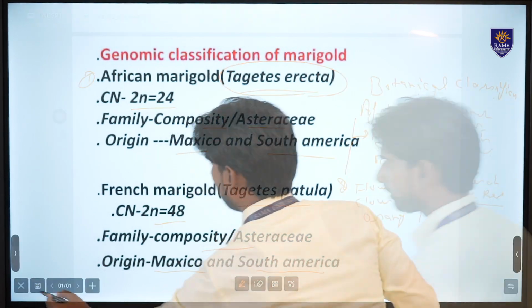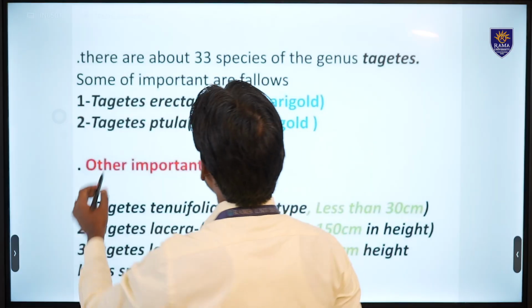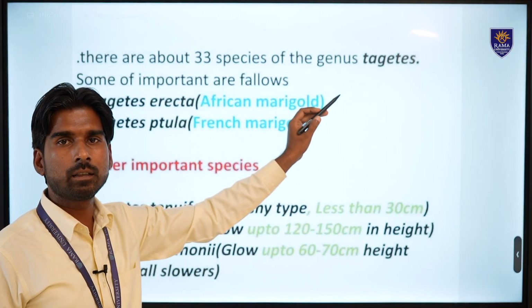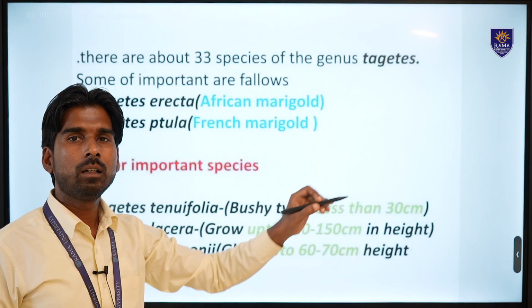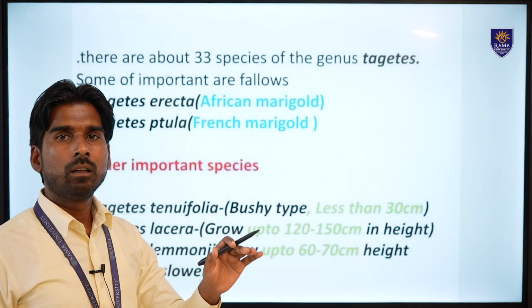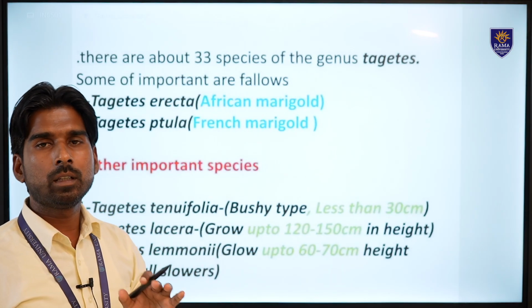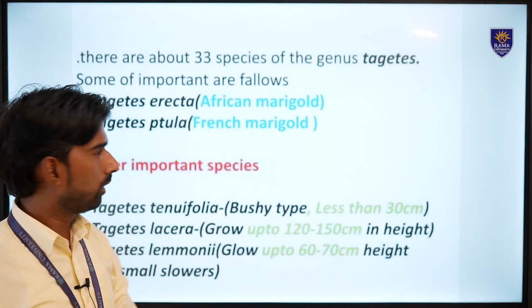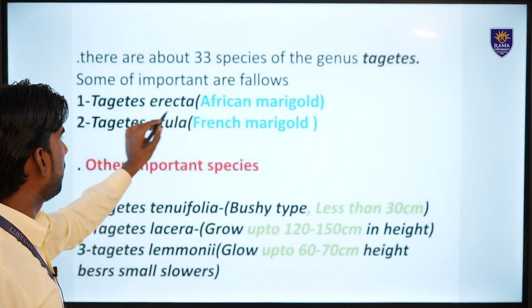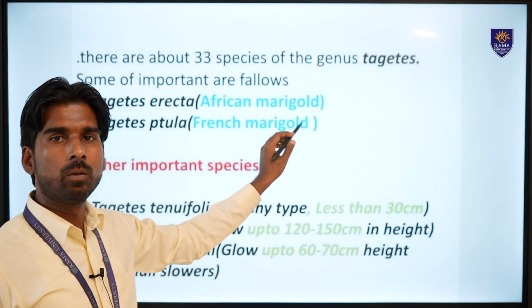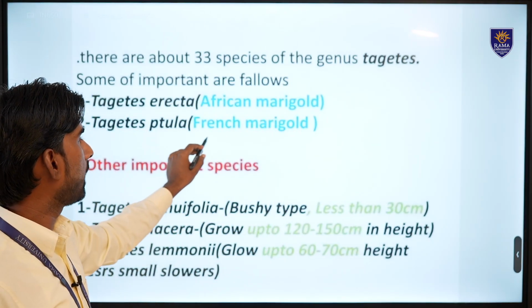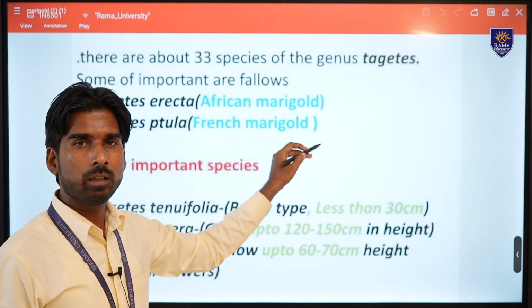Next, marigold is classified into 33 species of the genus, but only 2 species are cultivated in India or the UP zone. First is Tagetes erecta, also known as African marigold, and second is Tagetes patula, the French marigold.